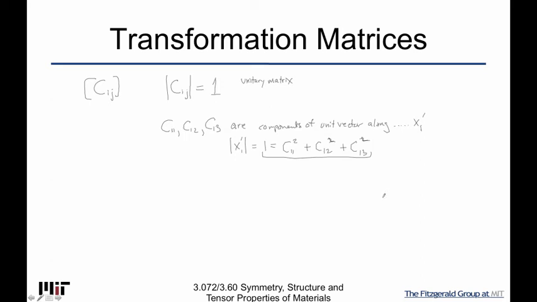Another property is that since we're looking at a Cartesian coordinate system here, we know that x1 prime dotted with x2 prime equals 0. These are vectors, don't forget.